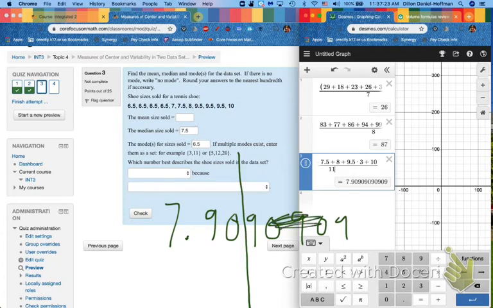I can ignore everything past the first digit after this wall that I've built. Now the rhyme again. If this number is 5 or above, then we give it a shove. If it's 4 or below, then I leave that number alone. Well, 5 or above includes 9. 5, 6, 7, 8, 9. So I'm going to give this a shove. So this is 7.91 as my mean.